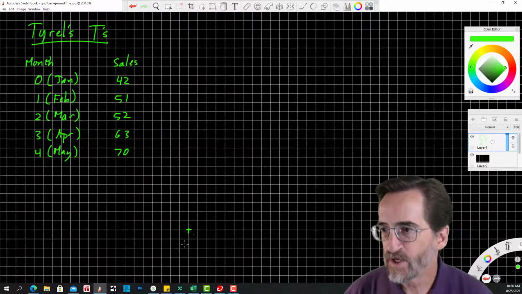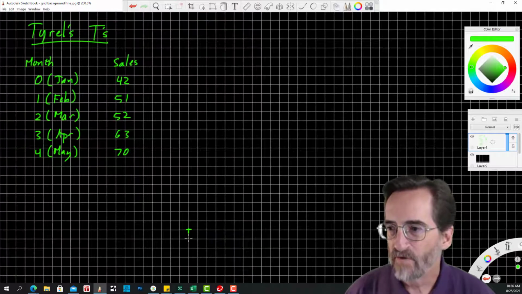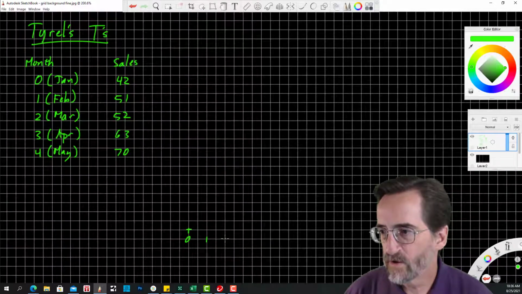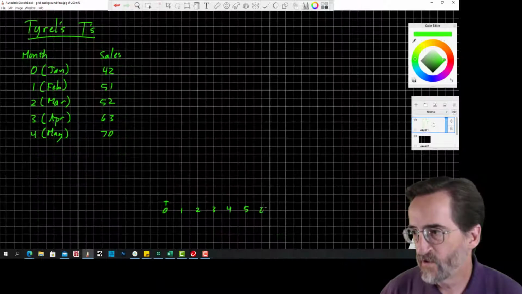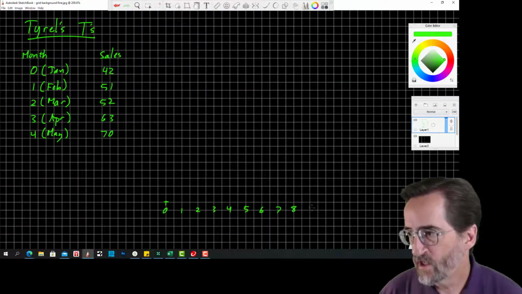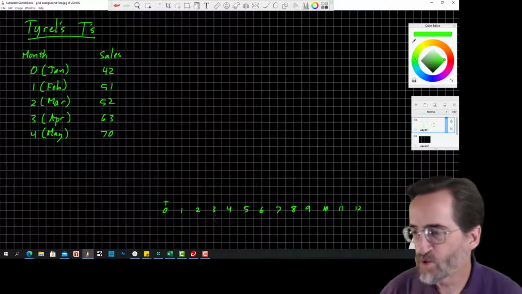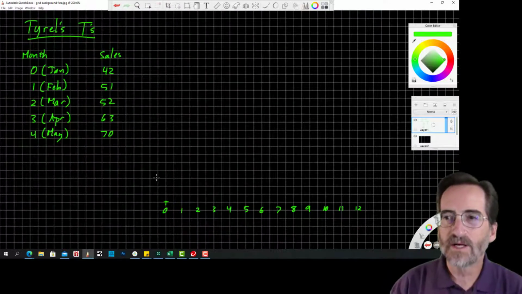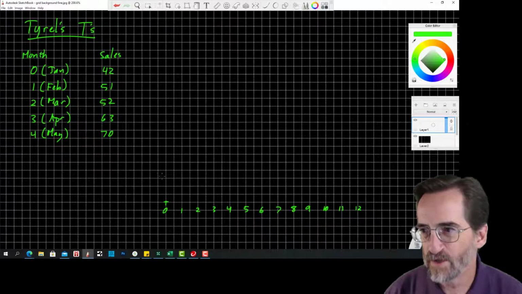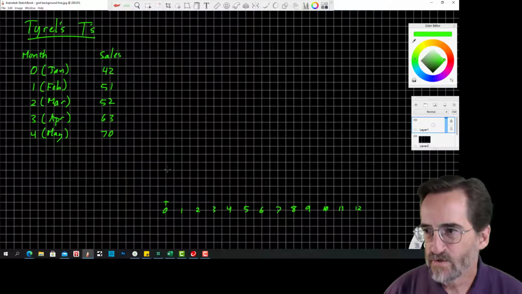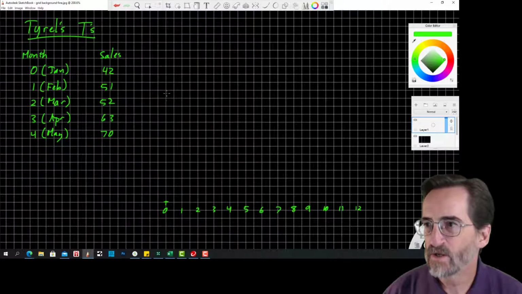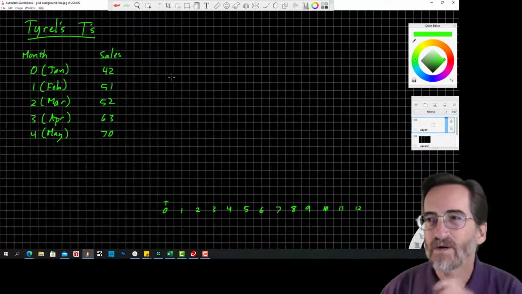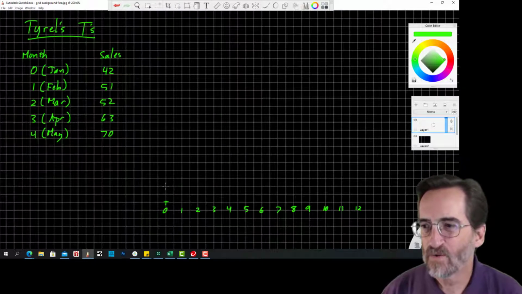Okay, my cats are talkative right now. Okay, so we have month 0, month 1, month 2, 3, 4, 5, 6, 7, 8, 9, 10, 11, 12. And I need to get my vertical scale up to 200.